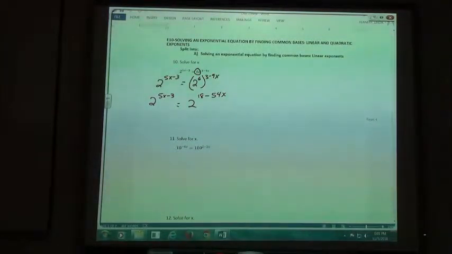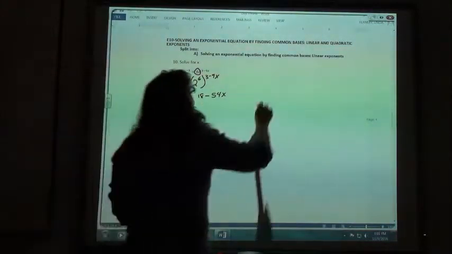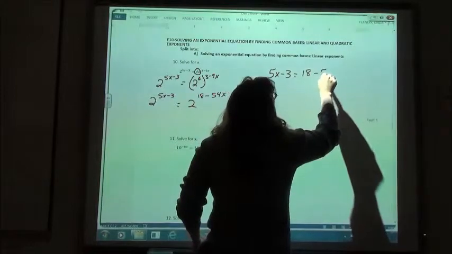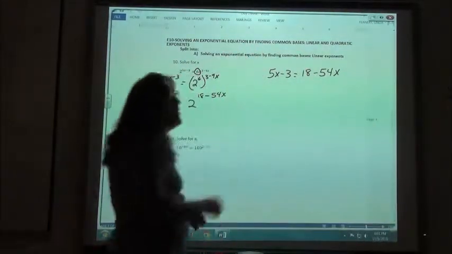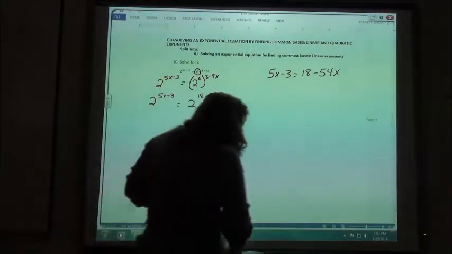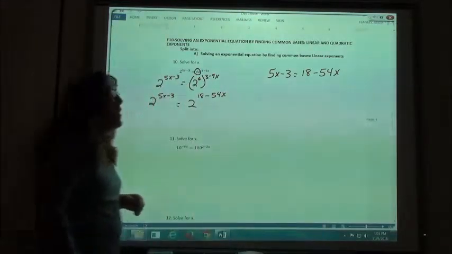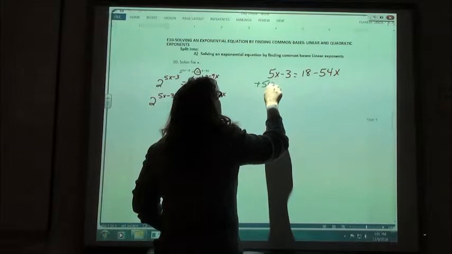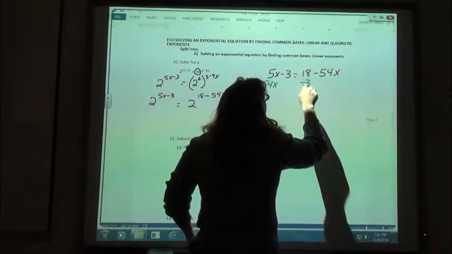So now that I have them written with a common base, basically I'm just going to ignore that the base is there. If my bases are the same, my exponents have to be equal to each other. And so now my problem is just going to be 5x minus 3 equals 18 minus 54x. And I'm going to solve accordingly. So if I want to solve that, I would add the 54x and add the 3.